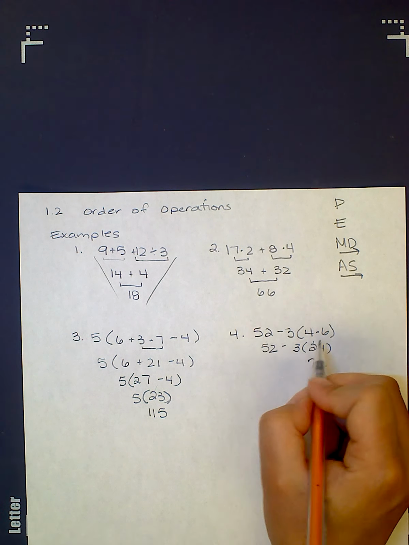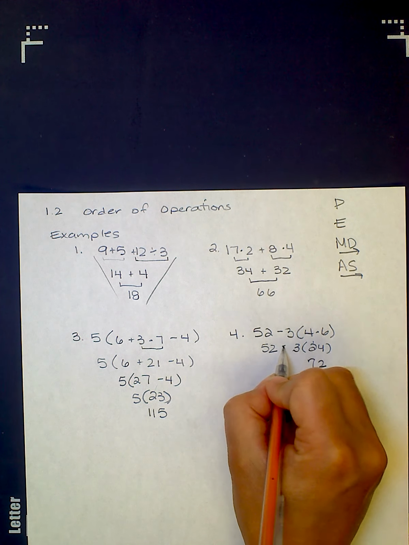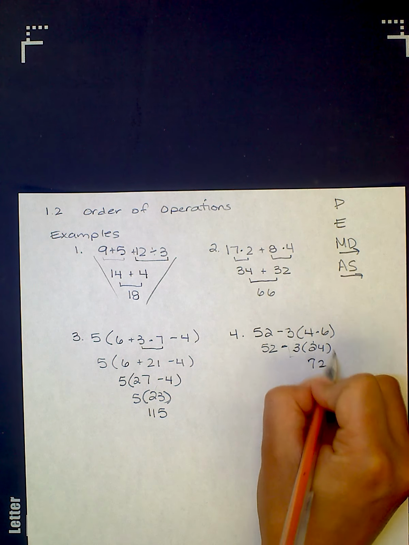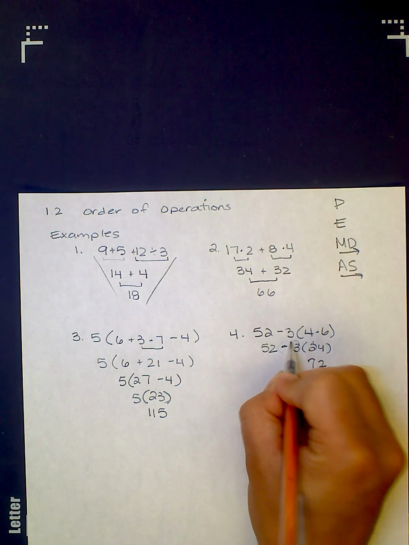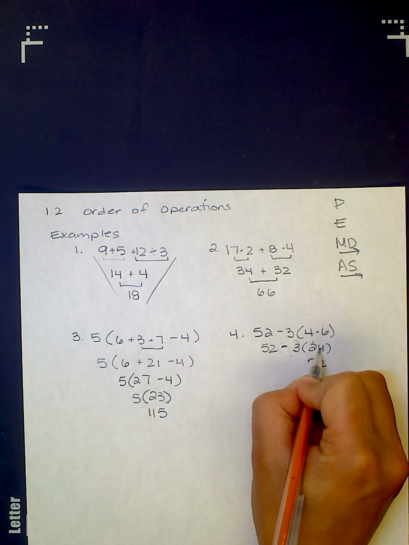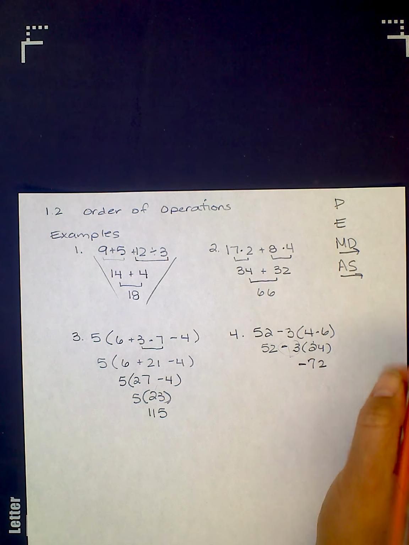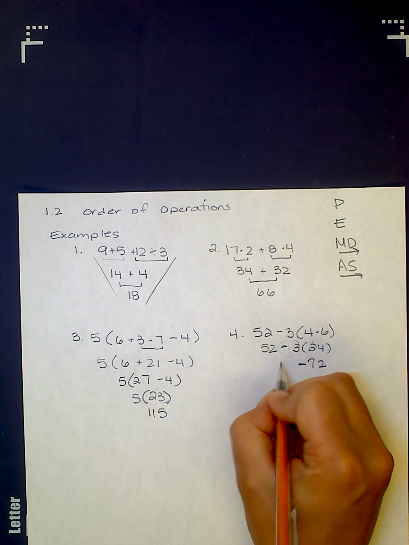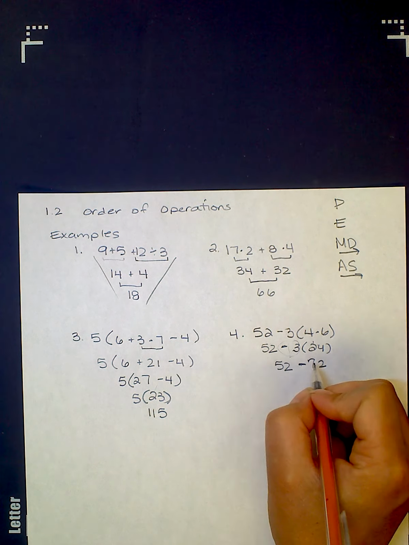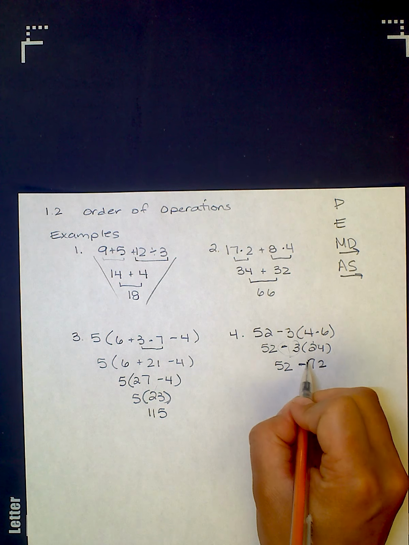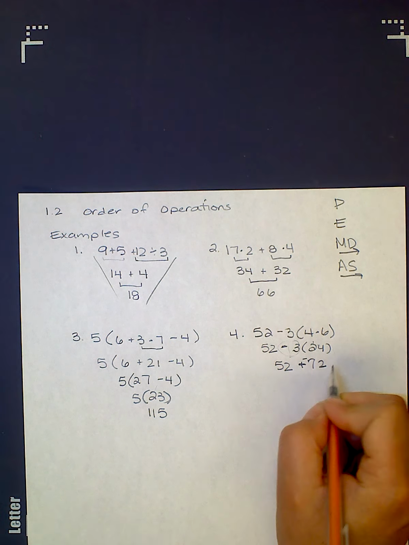Now, you can think of this two ways. You can either subtract this whole thing, or think about this as a negative 3 that you're multiplying times the 24, which will give us negative 72. Either way, it comes out to be subtraction, and 52 minus 72, that's the same as adding a negative 72.